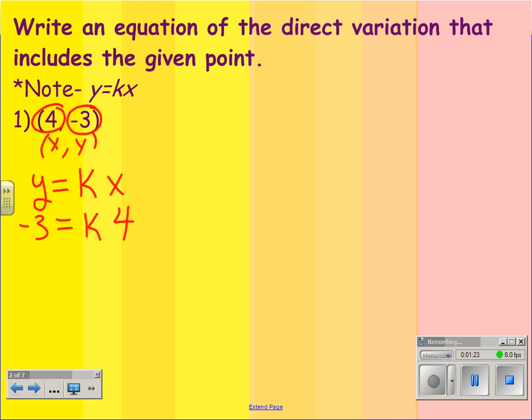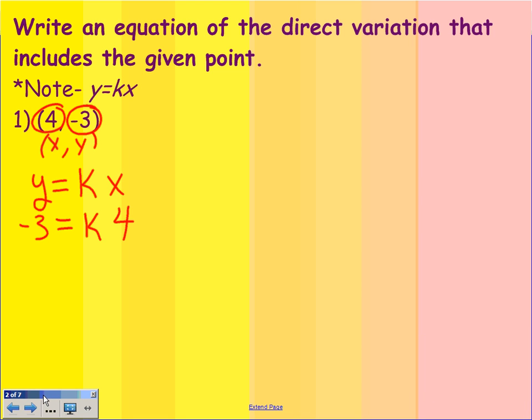to substitute that in. Now, as far as the equation is concerned, we are much more familiar with having the variable after the number. So I'm just going to rewrite this as negative 3 is equal to 4k because we know that the 4 in front of the k is the coefficient, and we also know to divide by that. So I would just suggest at least through the first couple of problems, maybe switching that so that you know what to do with it.